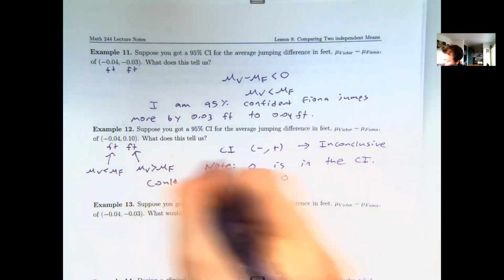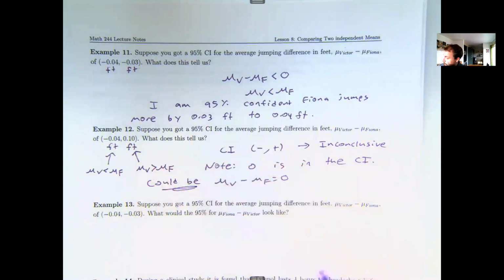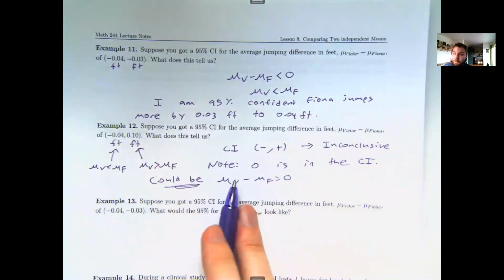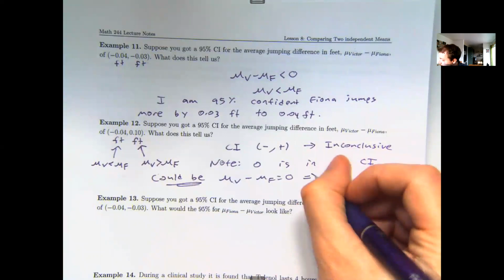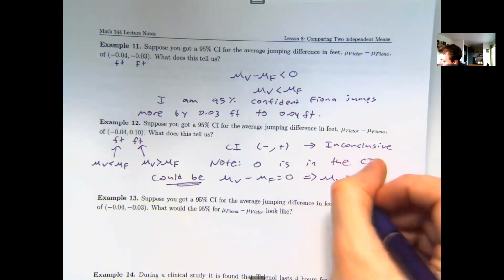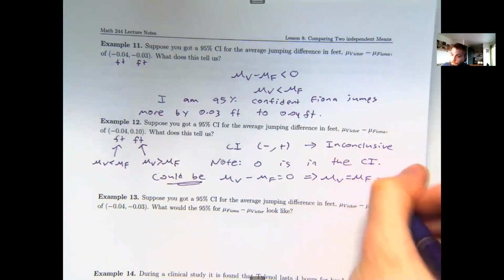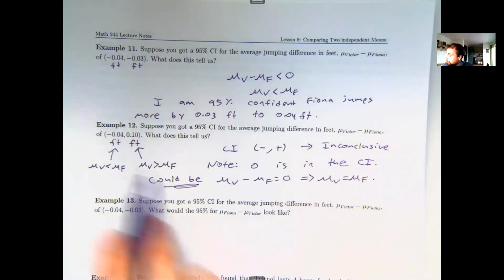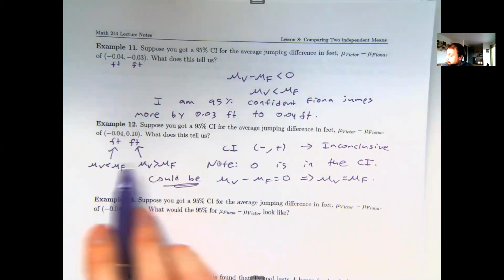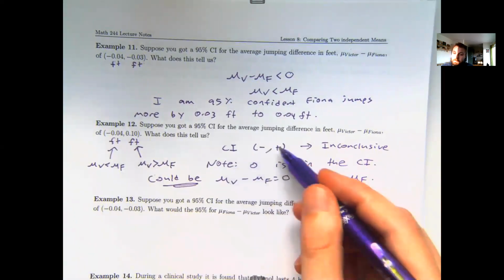So all right, could be, and I'll underline it. Could be that Victor minus Fiona equals 0. And if that's the case, then it's possible that there's no difference between the groups. So I cannot really tell who is the better jumper when I end up with different signs.